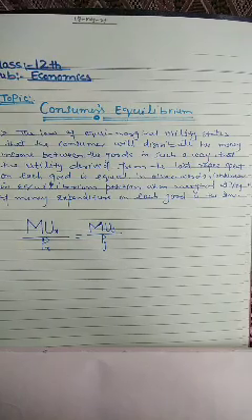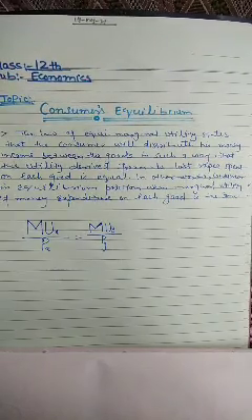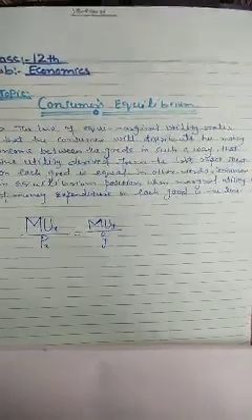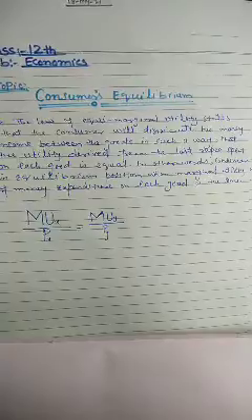Now, the marginal utility of money expenditure on a good is equal to the marginal utility of the good divided by the price. This is a mathematical representation of this condition.